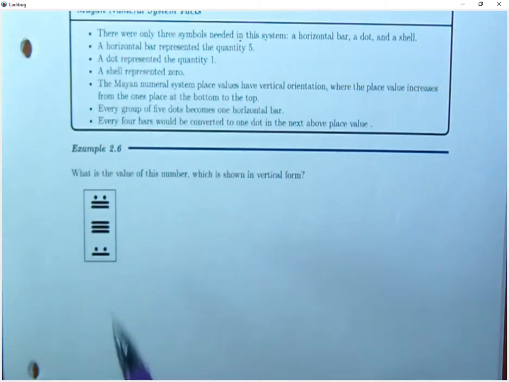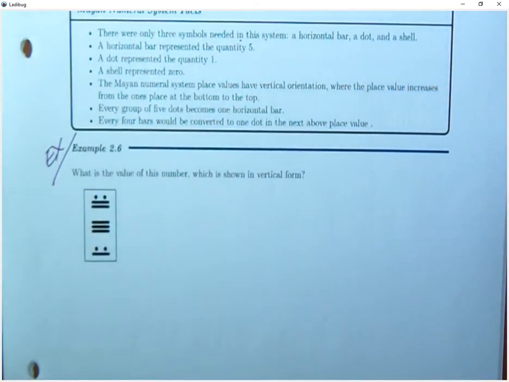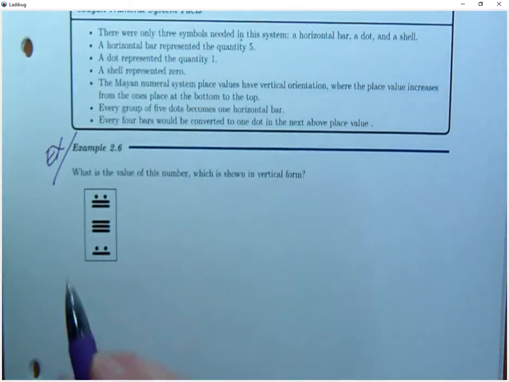So we'll do this example here together, and then I'll leave a couple for you to do on your own. We're going to use the expanded notation that we used for our decimal system to help us calculate the values and convert it to base 10 into our system. So here is the lowest value.